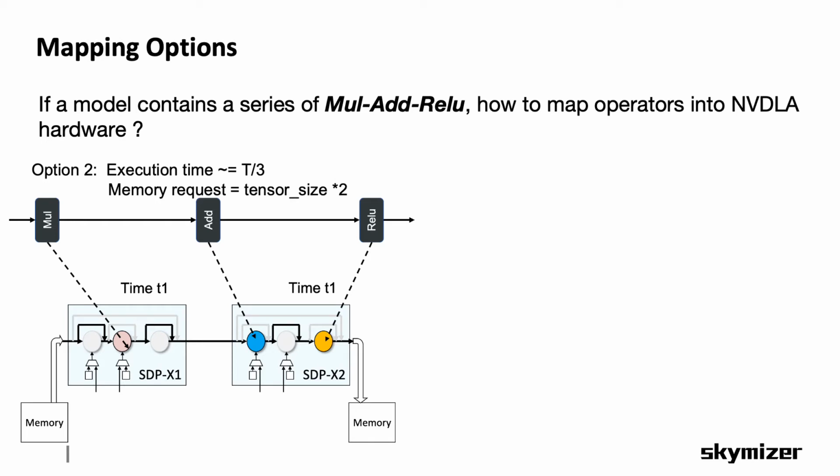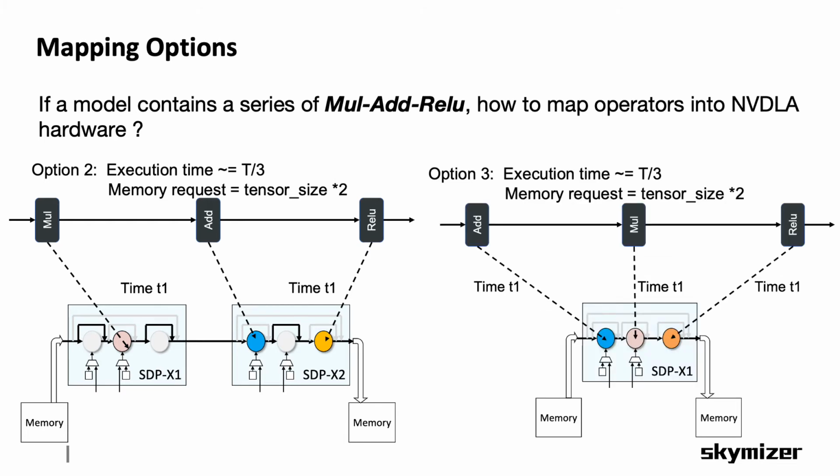In addition, we only need to move a tensor in and out of memory twice. Furthermore, we can reorder the mul and add operators to match the execution order of the X1 block design for more efficient mapping. In option 3, we can carry out the inference using just a single X1 block for the whole graph.